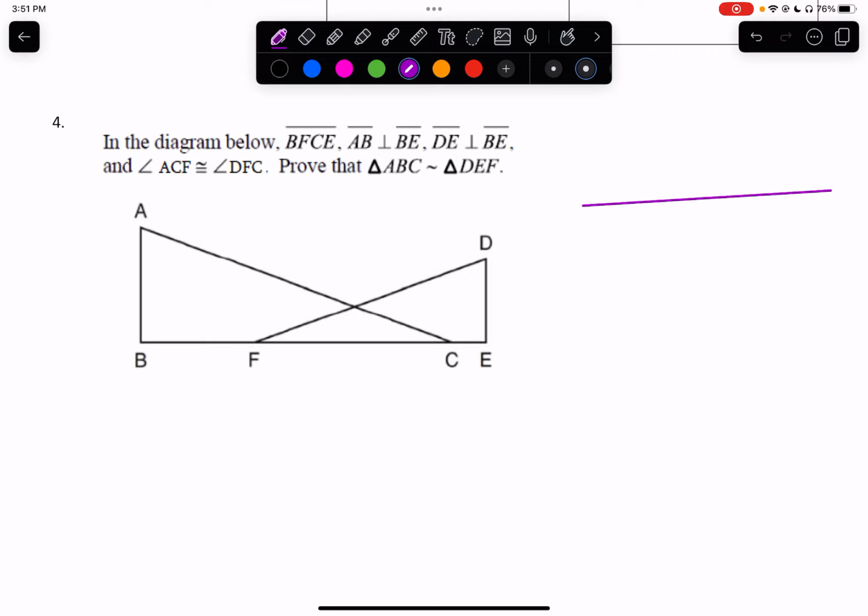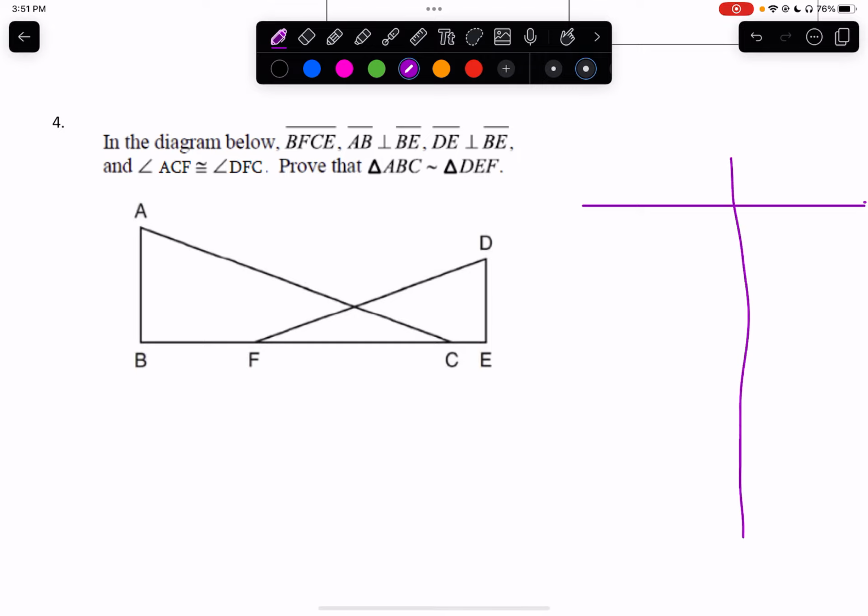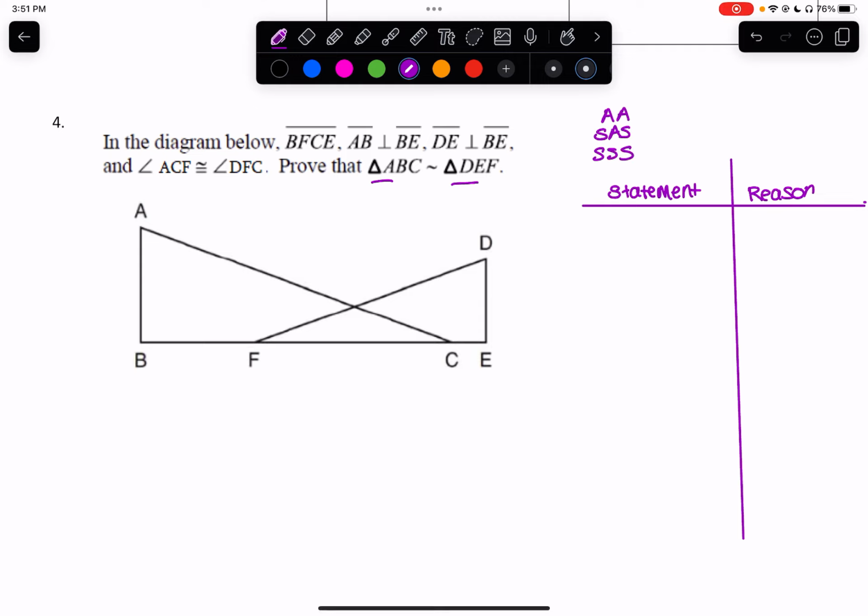So here again, we're going to be writing a proof. I'm going to set up my two columns, statement and reason. I want to prove that the triangles are similar, so I can do that using either AA, side angle side, or side side side.